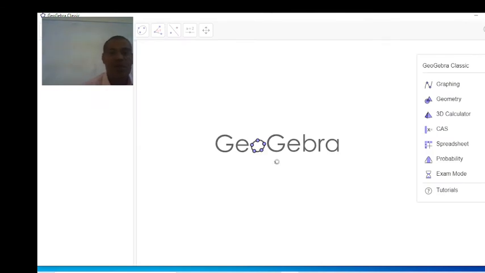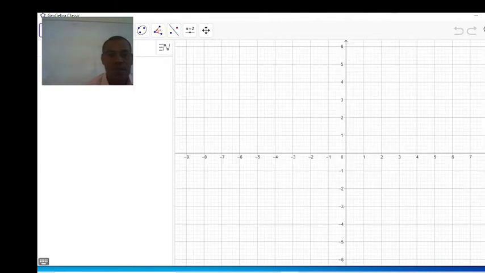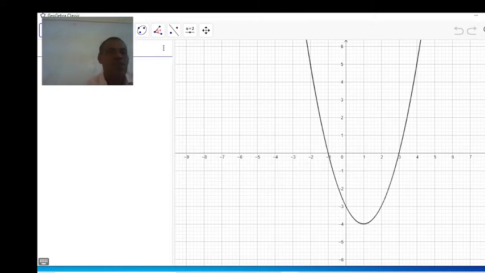I will write my equation. It's loading. Okay, I will erase this one and make y equal x squared... x minus 1 all squared, this one. Okay, I will make a screenshot.